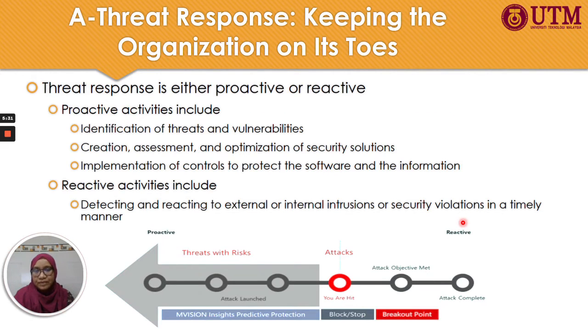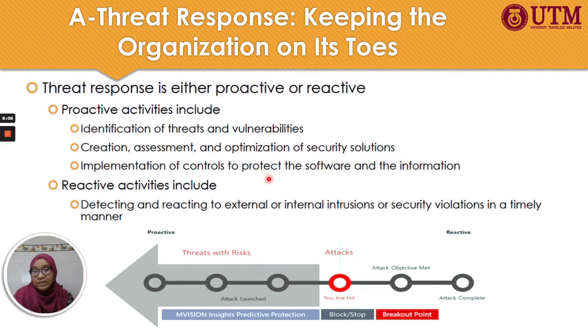And what about the threat? When we do the SOP or the policy, you really need to understand the threat. Most of us know that threats are of two types, either proactive or reactive. The proactive involves identifying the threat and vulnerability, so we can create the assessment and optimization of secured solutions, and we can implement the controls to protect.